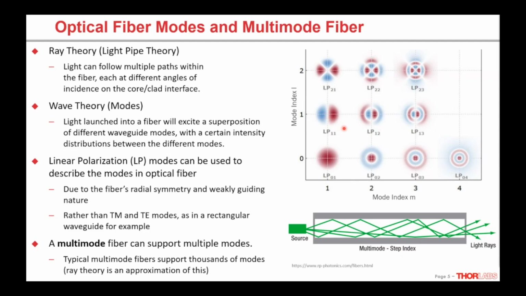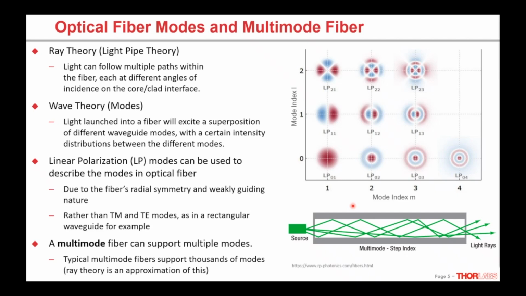We're also going to disregard polarization states. Even this LP01 mode, it's a linearly polarized mode. So in reality, you could think of it as two orthogonal polarization states, and any real world scenario would be a superposition of those two states. Again, we're going to disregard that for this talk and refer to it as one mode.